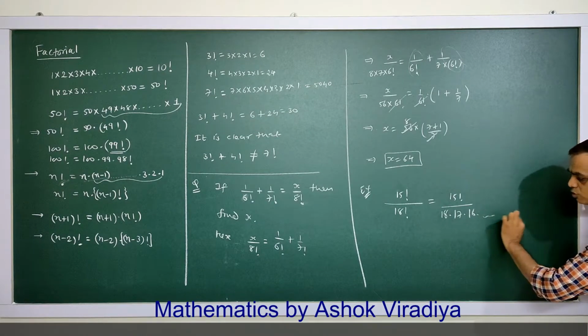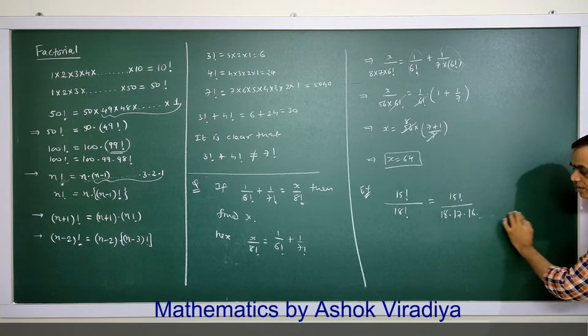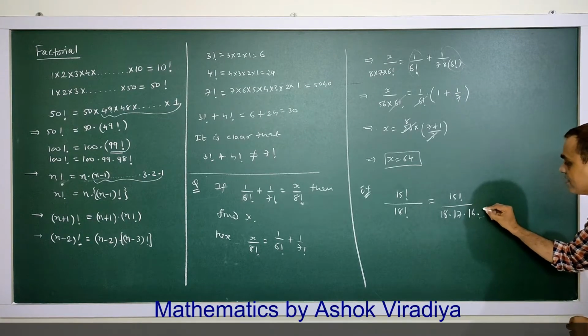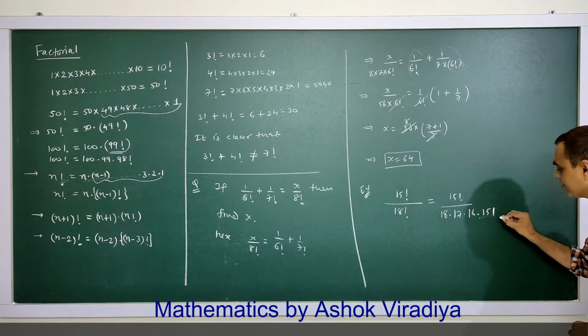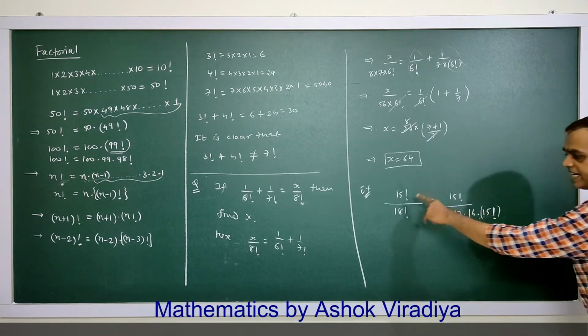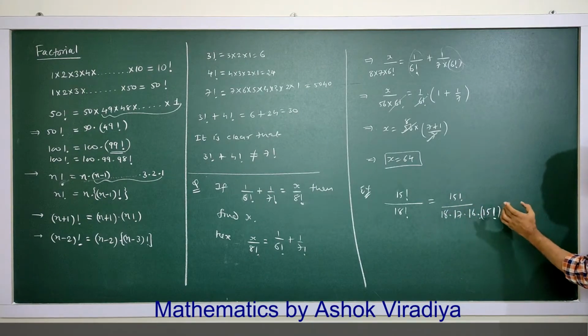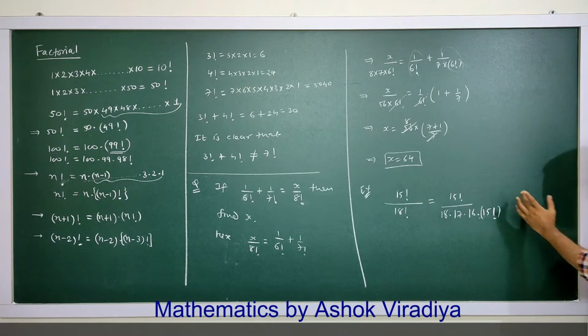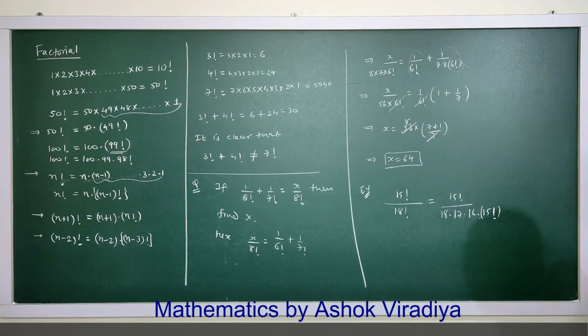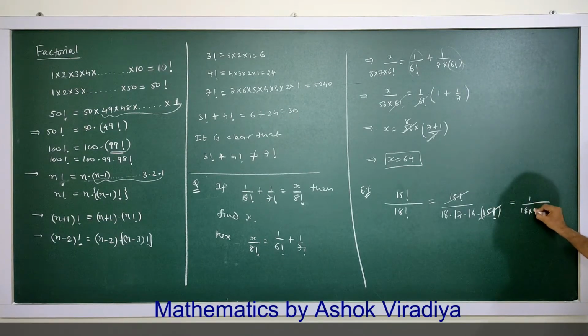So this is the product of the first 15 numbers, and the product using symbol is 15 factorial. So 18 factorial is 18 into 17 into 16 into 15 factorial. Because here 15 factorial is given, so this will be cancelled. And this value can be calculated using a calculator.